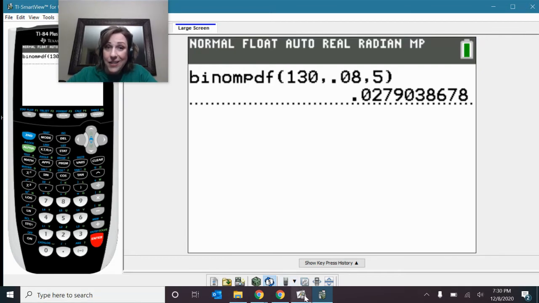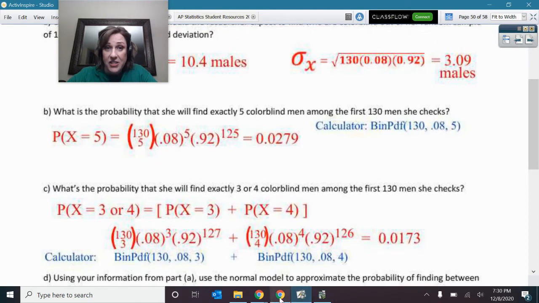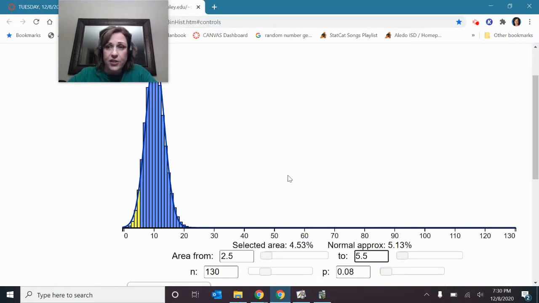Now, taking a look at what this looks like is important so that we understand what's going on. Here I have this binomial distribution, and you can see these bars that are discrete. They're really small because n equals 130. Remember how we said a moment ago it's centered at 10.4? Well, look here.